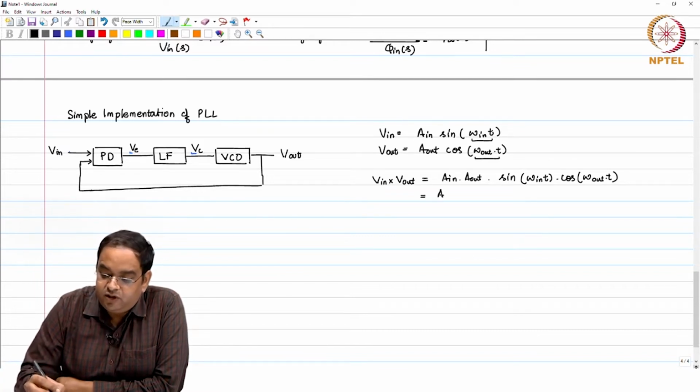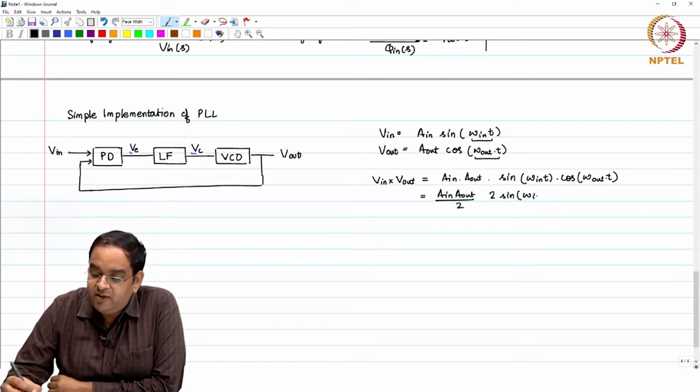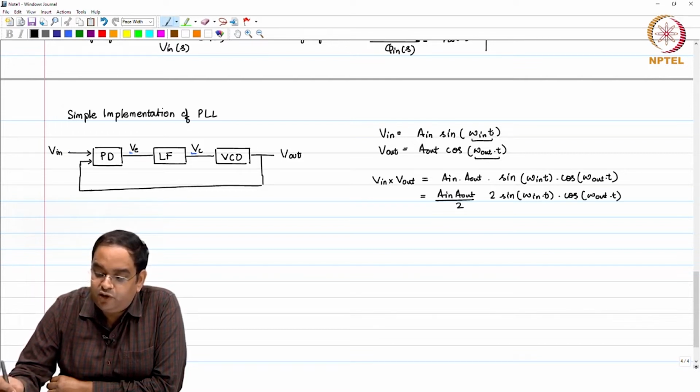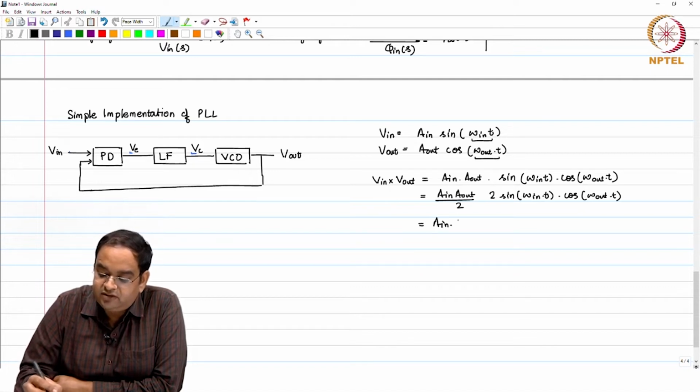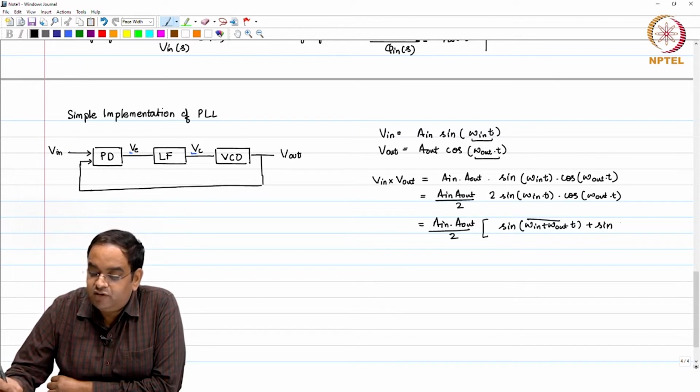And you remember that 2 sine A cos B can be written as sine of A plus B plus sine of A minus B. So, I am just multiplying and dividing by 2, and this I can write as A in A out by 2 into sine of (omega in plus omega out) times t plus sine of (omega in minus omega out) times t.